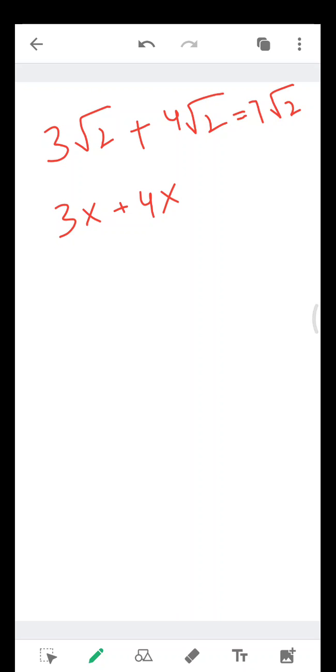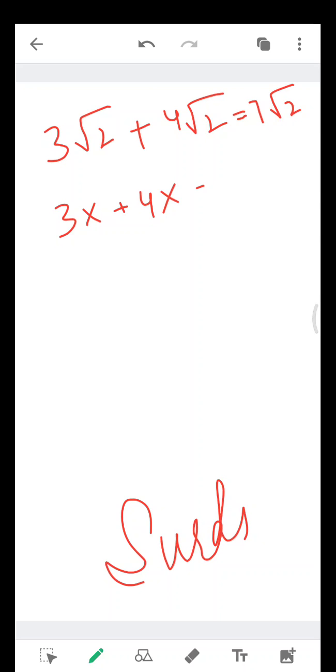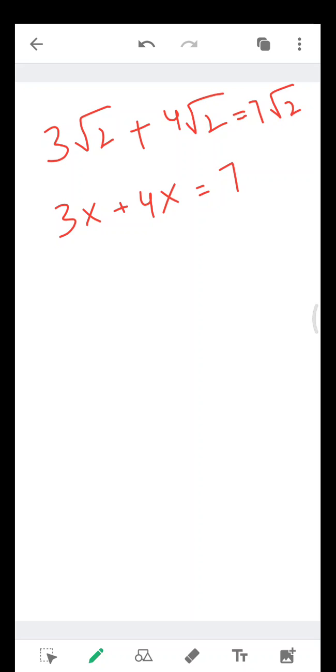You can add like terms. These irrational numbers are called surds, S-U-R-D-S. So like terms you can add and write 7x. In the same way you can add like surds and write them like this.